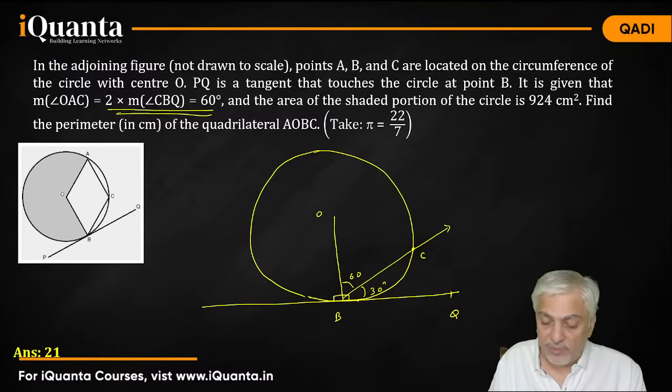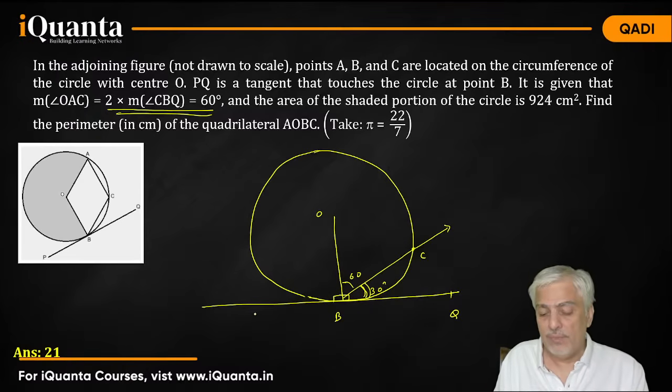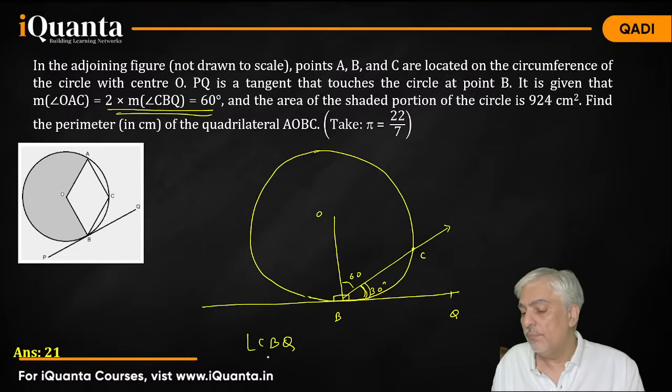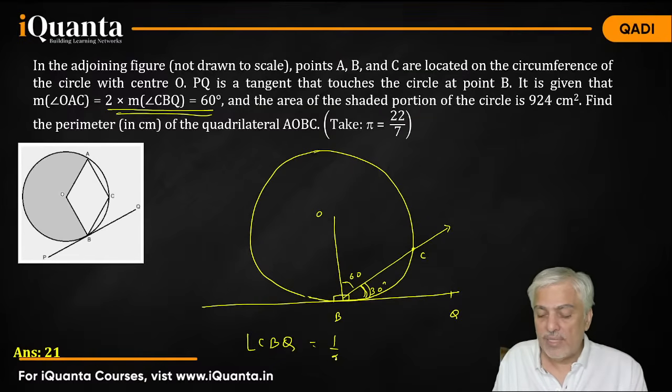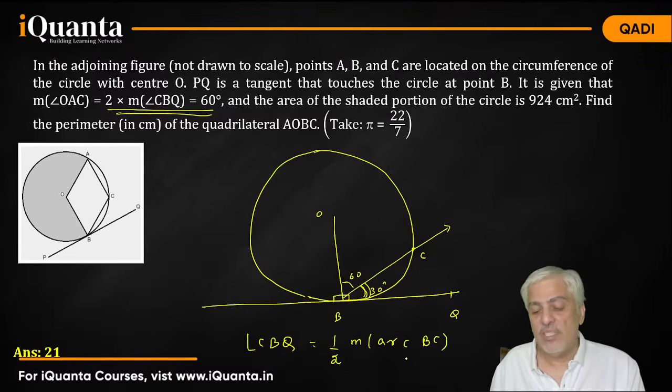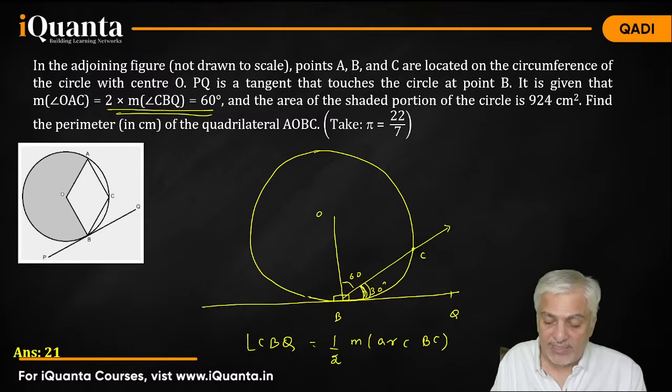Now if this angle CBQ is 30, by tangent secant theorem, angle CBQ is half of measure arc BC. That is tangent secant theorem. So if this angle is 30 degrees, the arc will become double of that, which is 60 degrees. Now are we clear, Ronak?